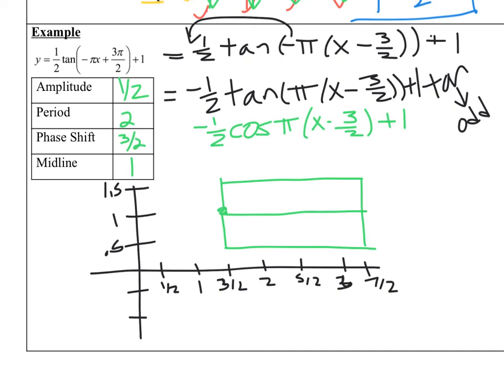So let's draw my negative cosine. Although, like I said, it doesn't actually really matter because what matters is where cosine is hitting my midline. So here we go. And then I can see I could keep going over here.